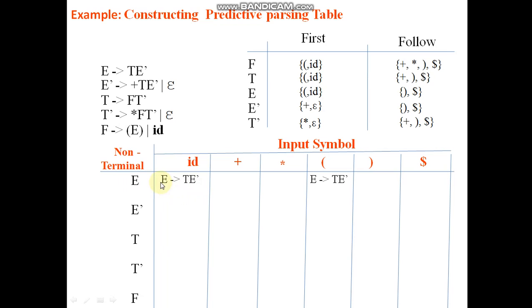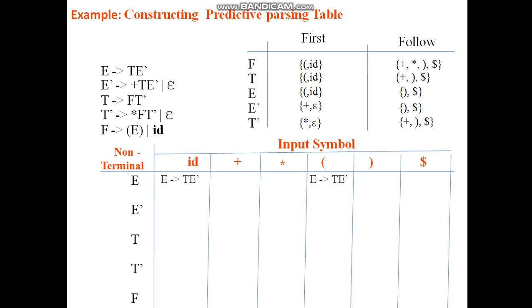Only in the columns of left parenthesis and ID do we make the entry of the E production, that is E gives T E dash, not in the other terminals' columns, because the other terminals plus, star, dollar and right parenthesis are not present in the first of E. First of E has only left parenthesis and ID.